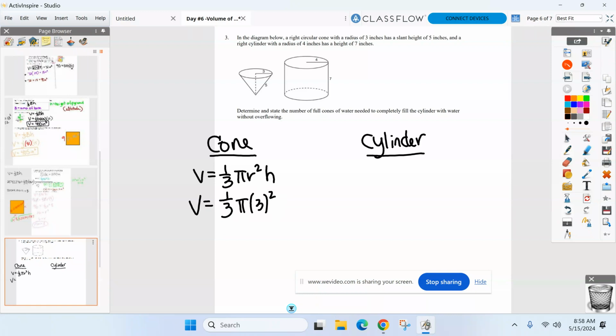Everyone getting 4? Using Pythagorean theorem, 4 for the height. Don't round your answer for your volumes, right? Your volumes are not your answer. Do not round those volumes. Look back on your formula sheet if you forgot cylinder from yesterday.